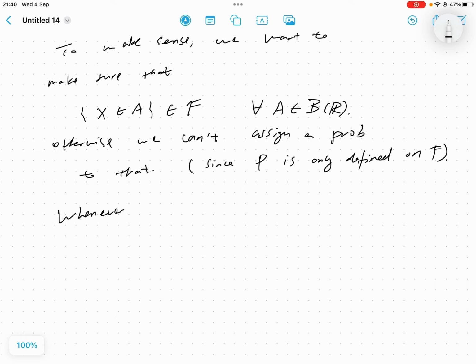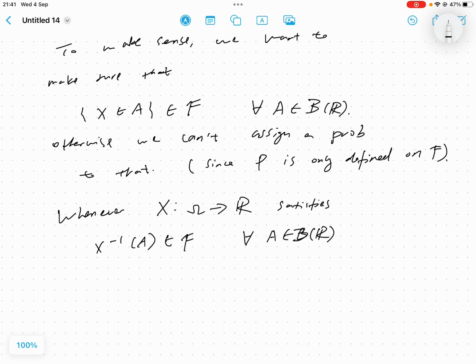So whenever this X satisfies this for all the A's, we can say that X is F and Borel measurable.